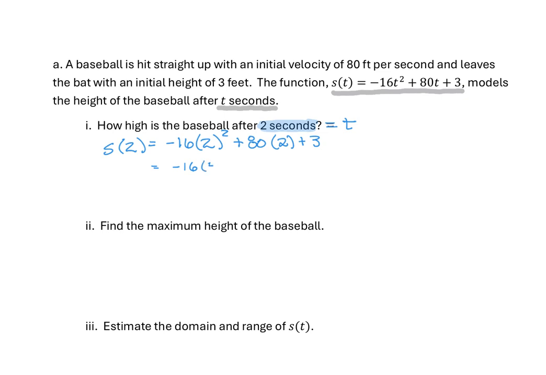So we want negative 16 times 4. We want to do our exponents first. We want to do our multiplications. We get negative 64 plus 160 plus 3.